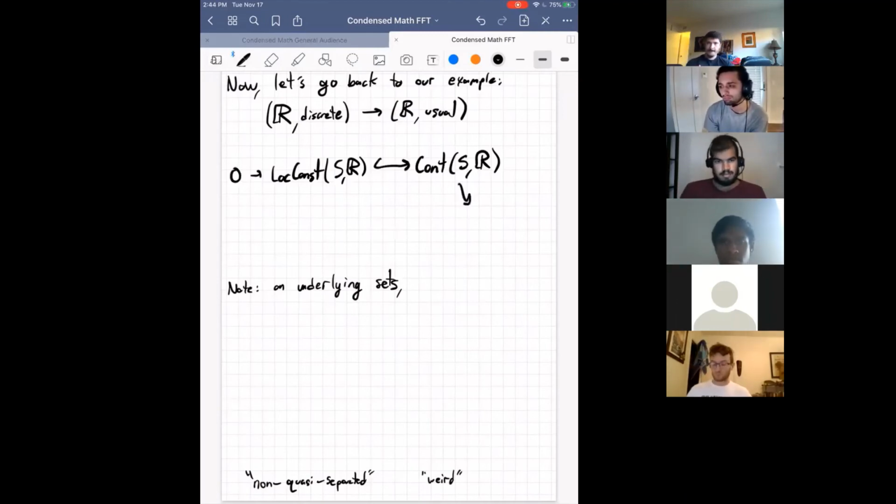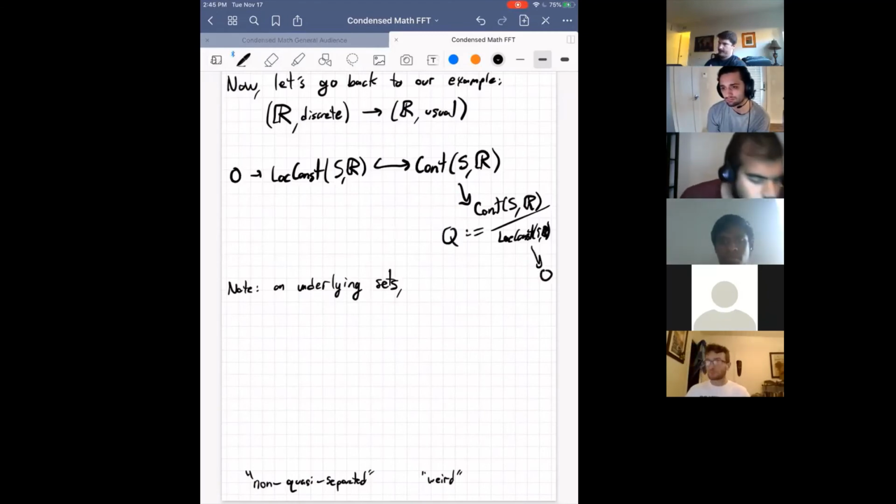And it will have this cokernel, which will be this quotient, the continuous maps from S to R mod the locally constant maps from S to R. And then, because that's a quotient, that'll be surjective. And I'll call this quotient Q.